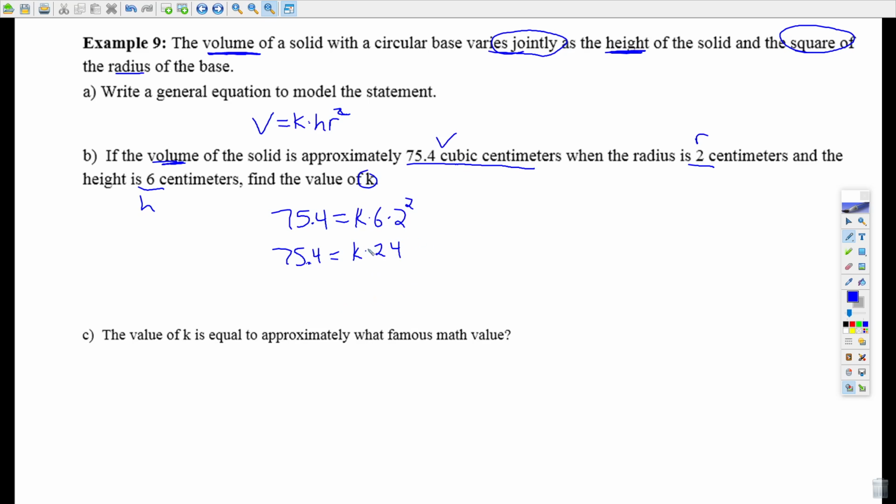And then to get rid of the 24, with the k being multiplied together, we got to divide. 24's cancel, and then just do 75.4 divided by 24. And see what you get. Looks like it's going to be 3.1416 repeating. But I'll stop there.